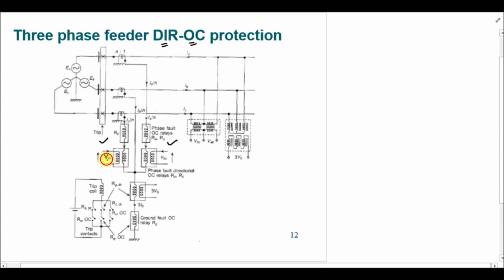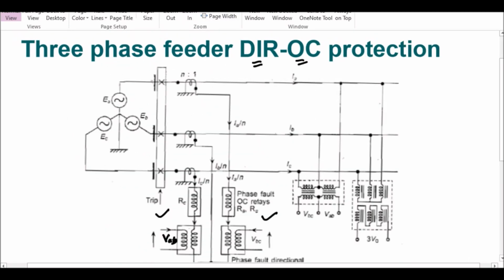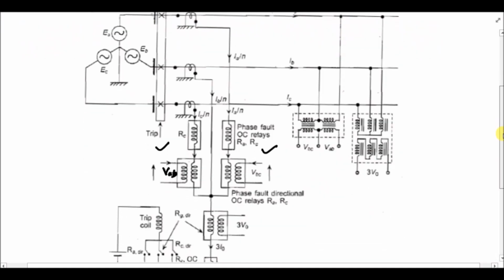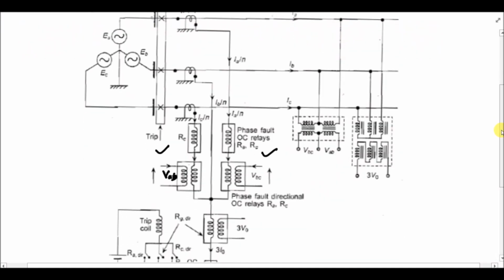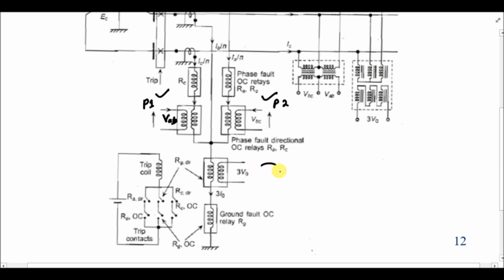This is VAB. This is phase relay 1 and this is phase relay 2, and one ground relay. So this is your ground relay.